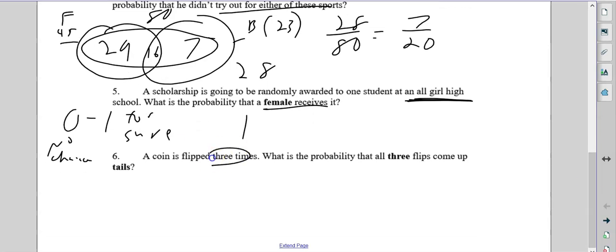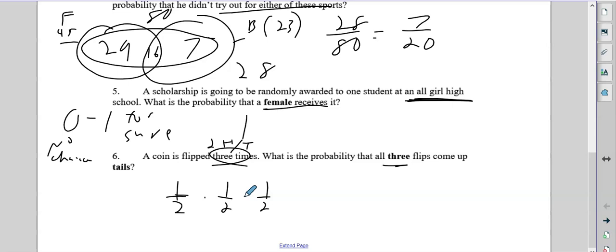Coin is flipped 3 times. Okay, remember there's 2 possibilities, heads and tails. What's probability that all 3 come up tails? Well, if you flip a coin, that's a 1 out of 2 chance. Flip a coin again, it's 1 out of 2 chance. Flip a coin again, 1 out of 2 chance. The chances of all 3 coming up is rare. It's not as likely.